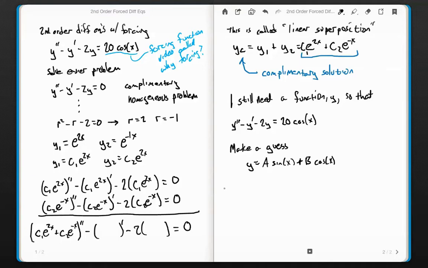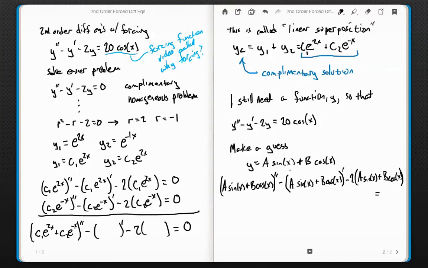All right, or in other words, I want it to work out such that a sine of x plus b cosine of x, this thing double prime, minus a sine of x plus b cosine of x, prime, minus 2 times a sine of x plus b cosine of x, just regular.